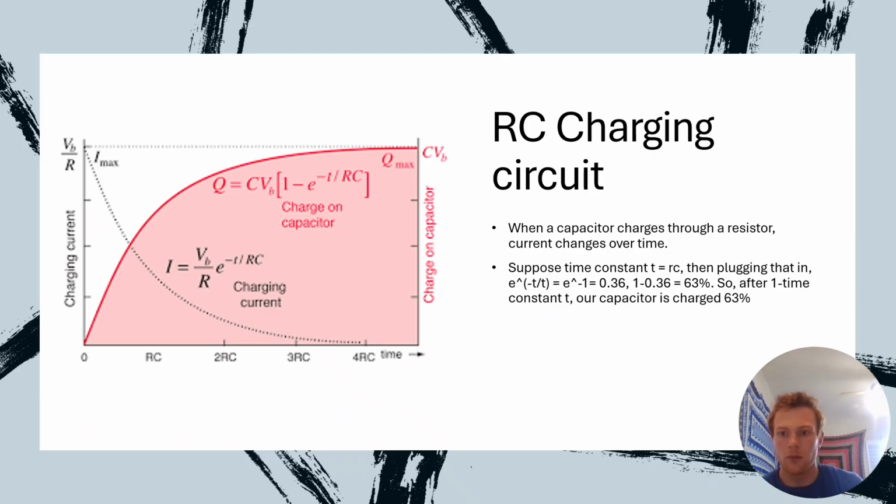There were a couple of problems this semester that involved RC charging circuits, so I thought I had to mention it. Basically, this equation governs how our capacitor charges. Using this, we can figure out what the charge is after a given amount of time.